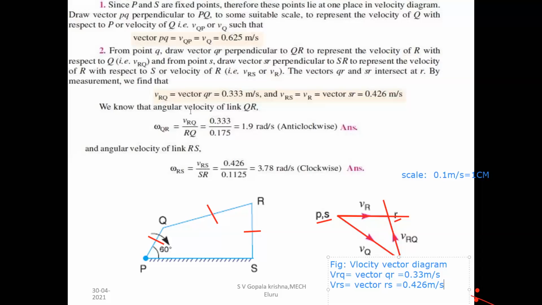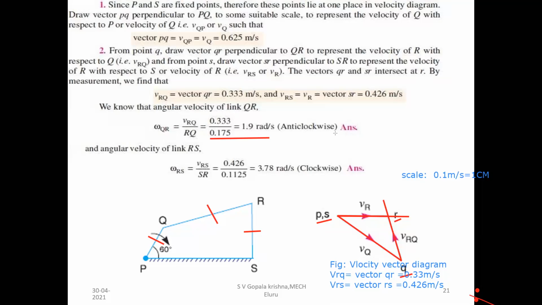Substituting the values, VRQ is 0.333 and the RQ length is 0.175 meters. Calculating, we get 1.9 radian per second.